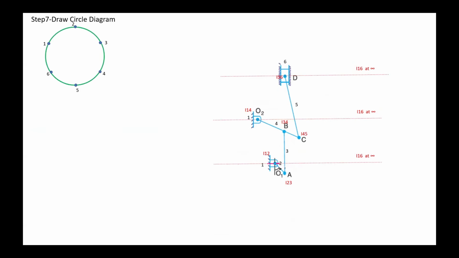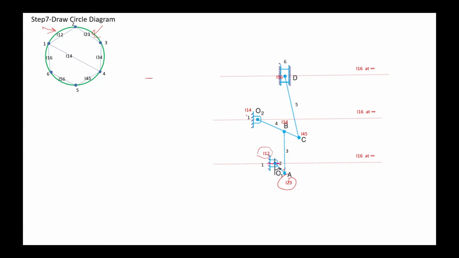You have to draw the circle diagram and locate all the permanent and fixed ICRs which you have already located. Here I have shown in the circle diagram I23, which we already got here. All the ICRs which are already located, you have to join by lines.